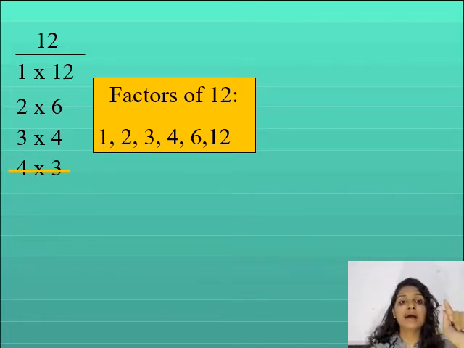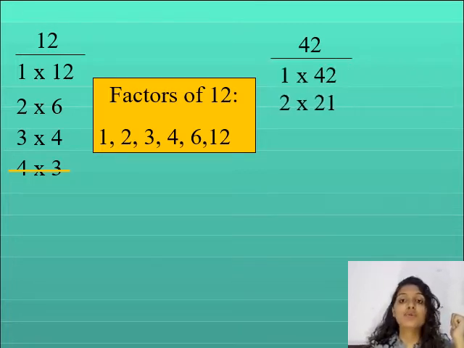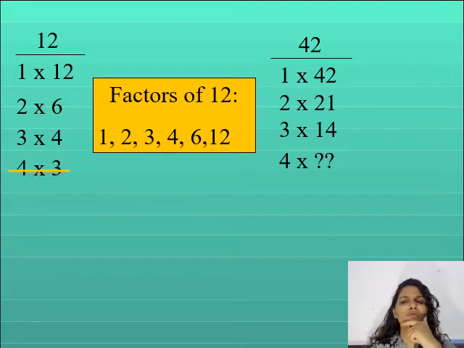Now let's write the factors of 42, our second number. First will be 1, that is 1 multiplied by 42. Second will be 2, that is 2 multiplied by 21. Third one will be 3 multiplied by 14. What about 4? Does 42 come in the table of 4? No, so 4 is not a factor of 42.